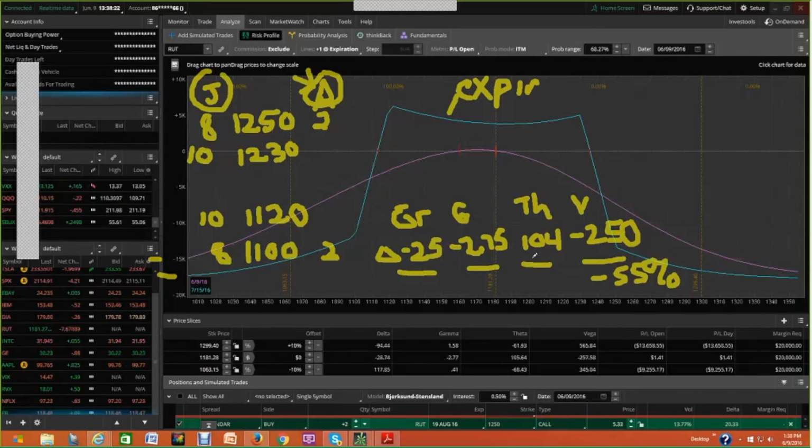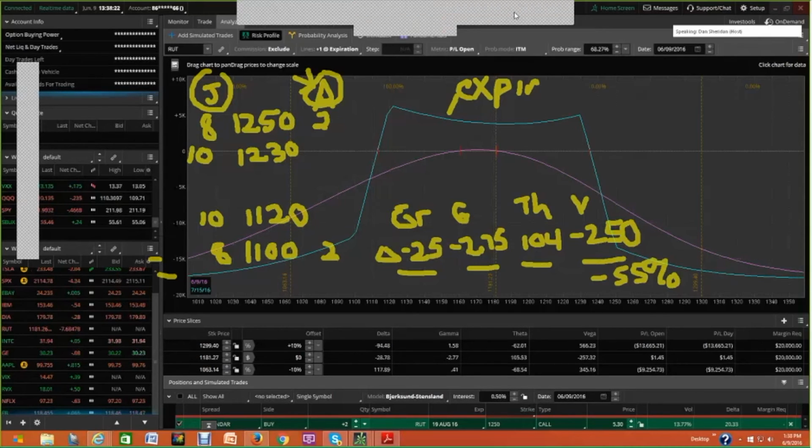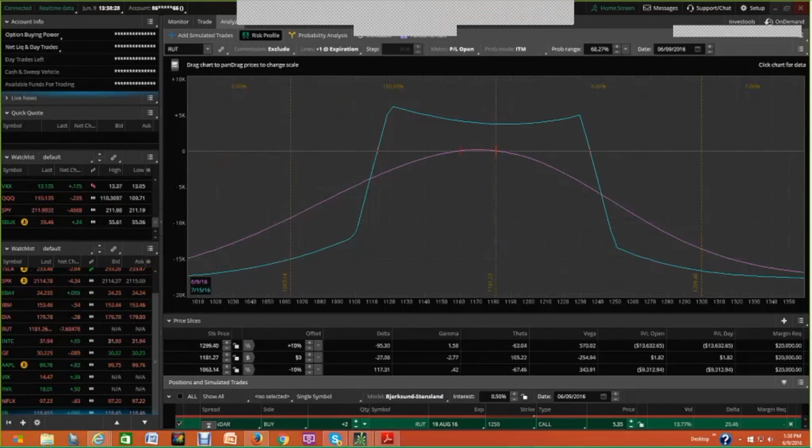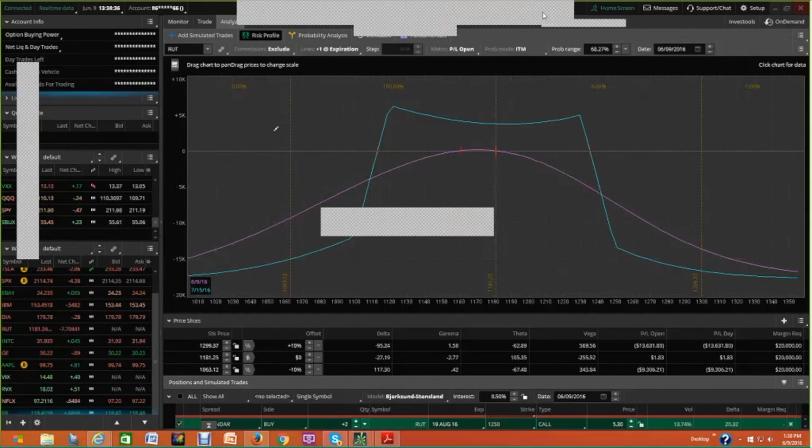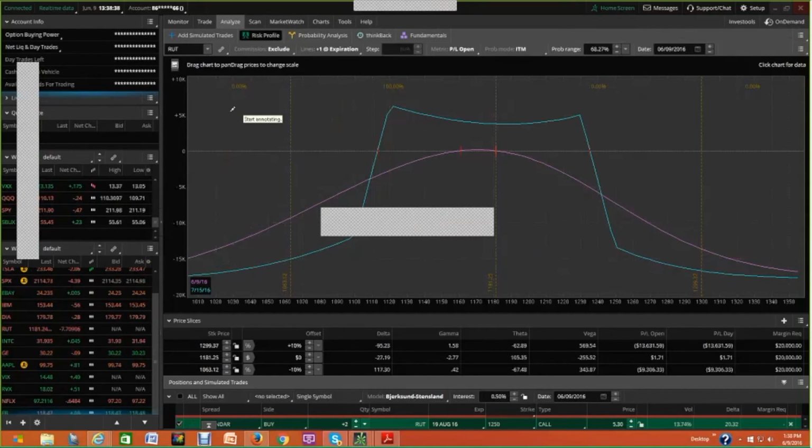Now, the last thing I want to cover today is how would I put this goofy thing on, right? I've got this thing that is basically, I've got 8, 2, and short 10.